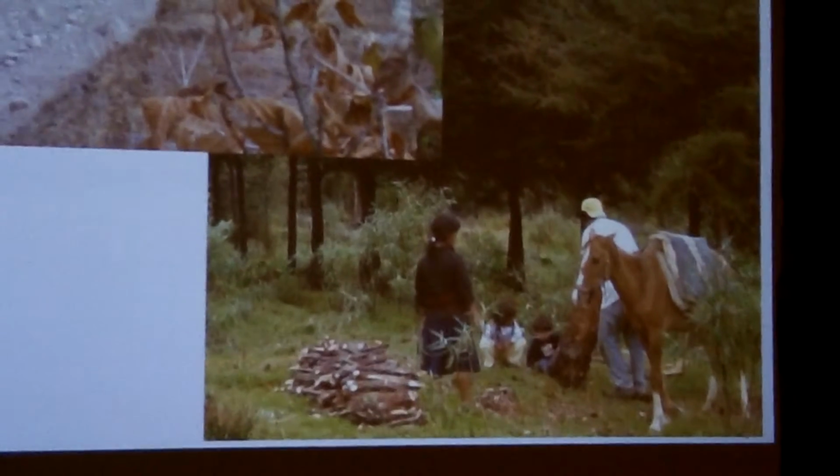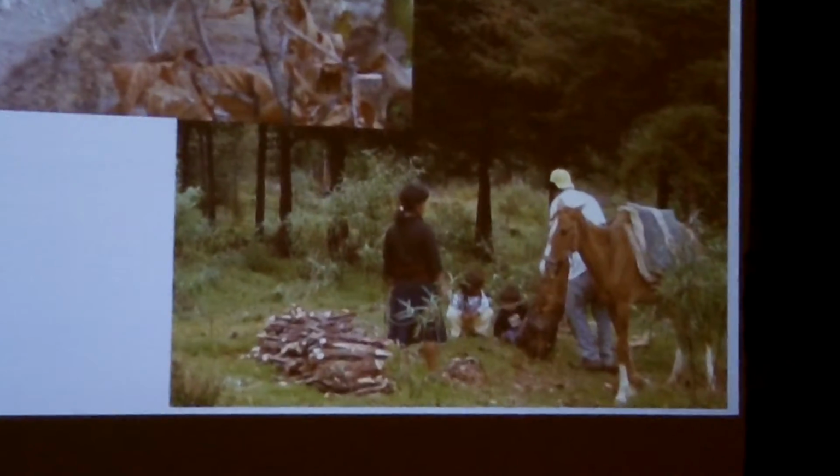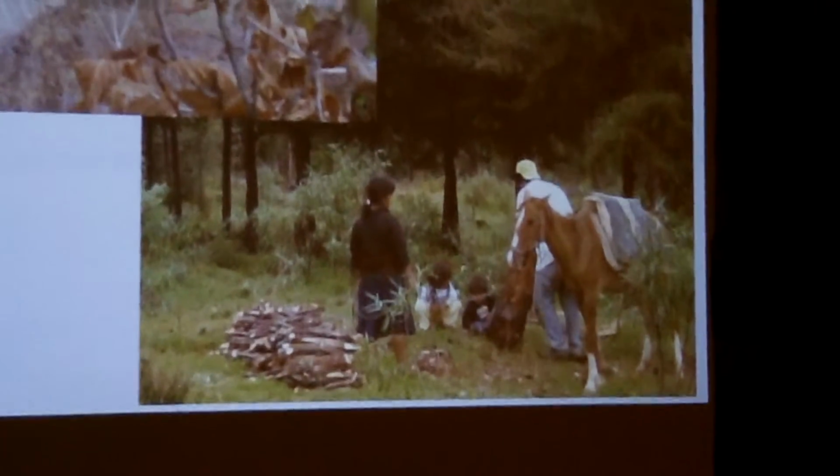In this case, the kids don't even go to school. They just need to eat every day. So the situation, the poverty in this area is really, really high. So this morning I was thinking about it, and I call it the human factor.